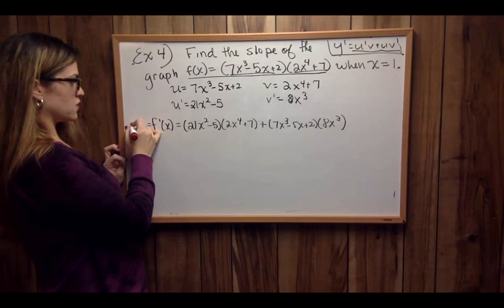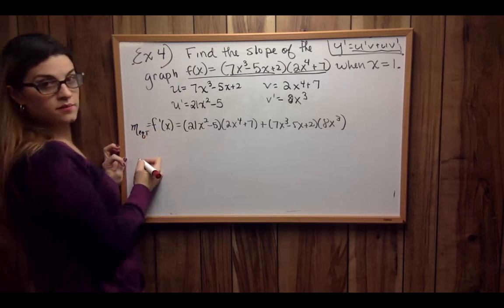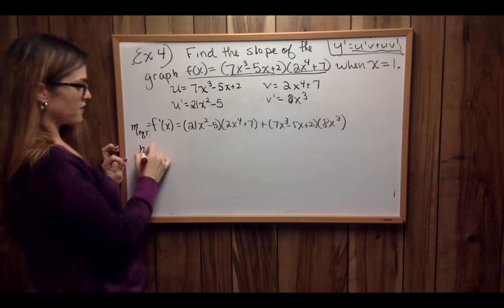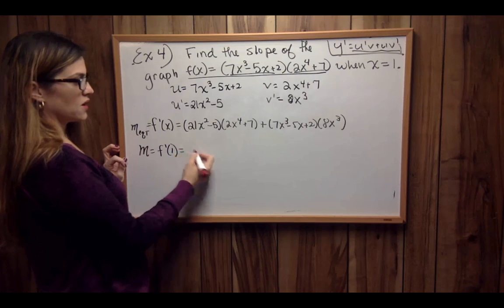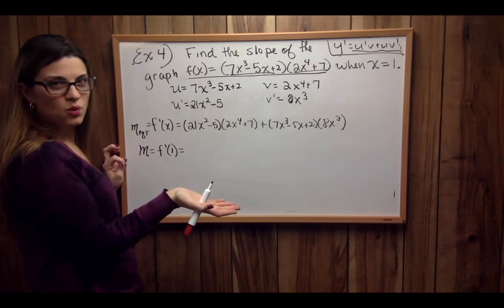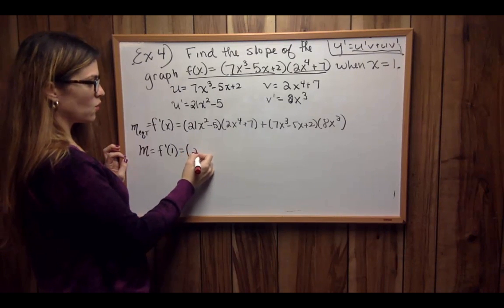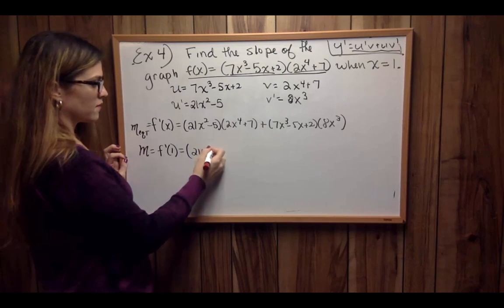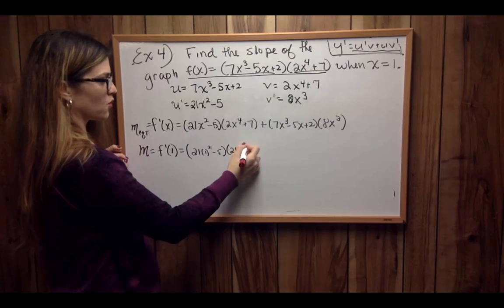Now this is your slope equation for the tangent line. To actually find the slope of the tangent line, you substitute in the x value. So you don't really need to expand this anymore because you can get into more errors. So we'll just substitute the 1 in. Everywhere there's an x, I put a 1.